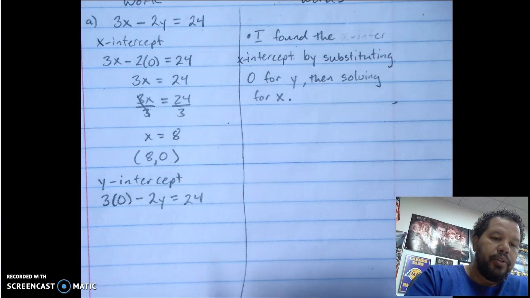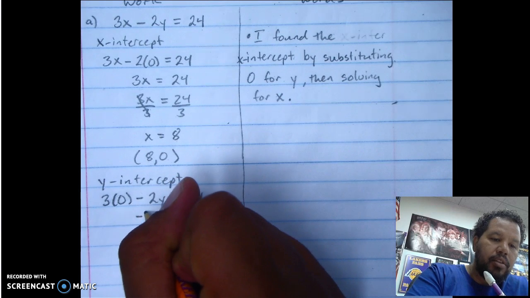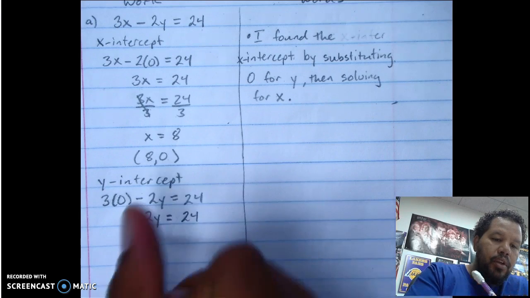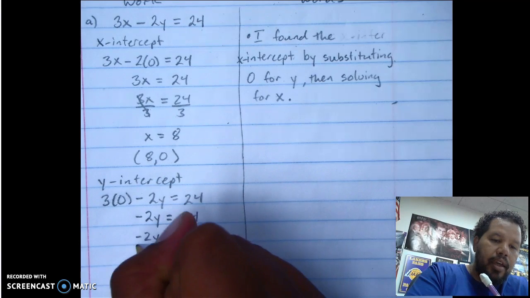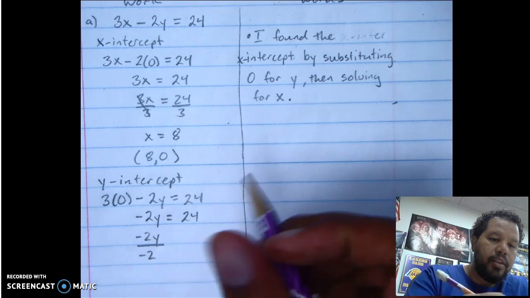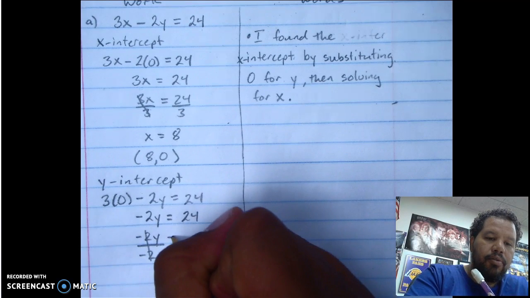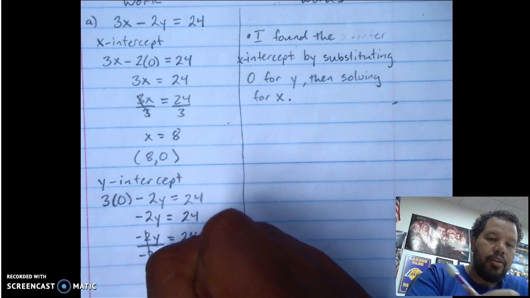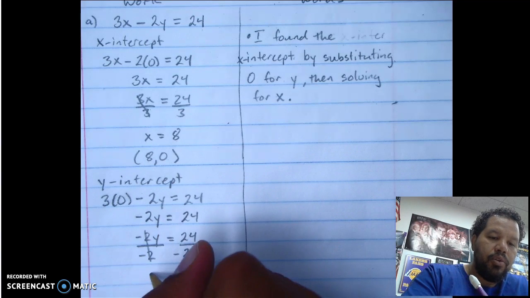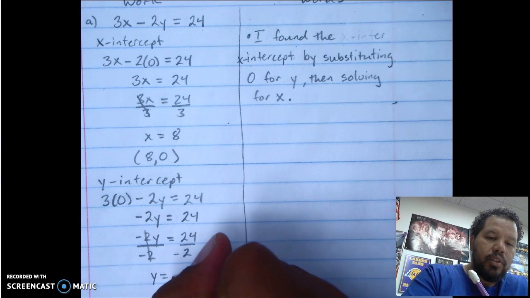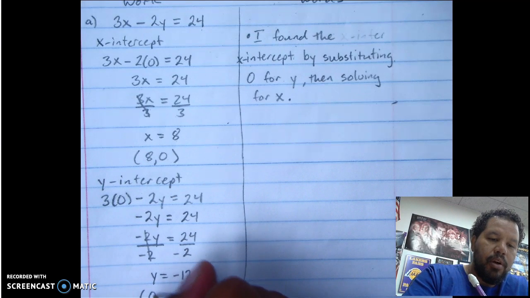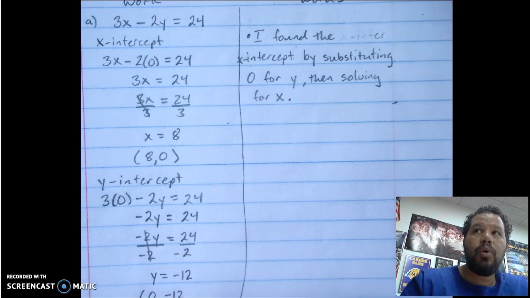So 3 times 0 is 0, leaving me with minus 2y equals 24. Then I want to divide by negative 2, so I can get my y by itself. And whatever I do to one side, I do to the other. So I divide 24 by negative 2 and get y equals negative 12. Therefore, my point is 0, negative 12.